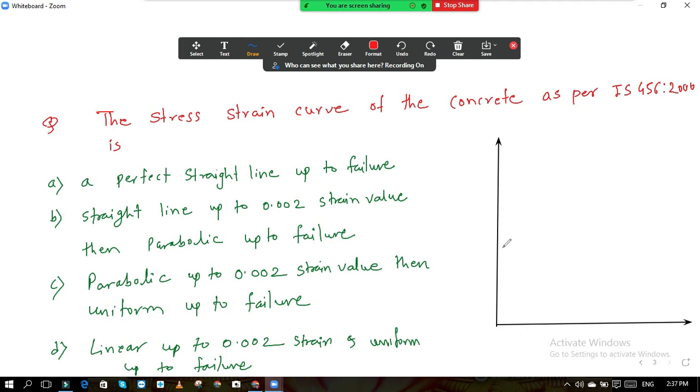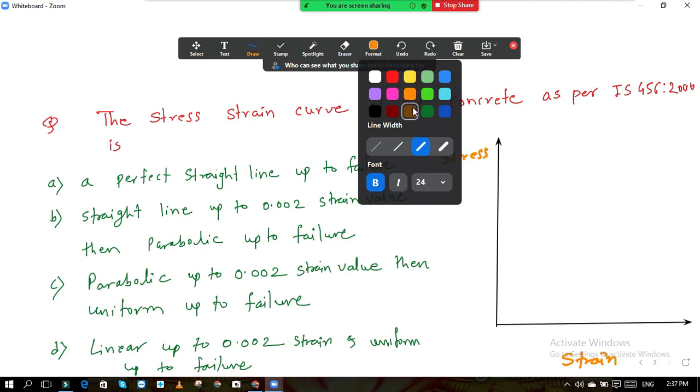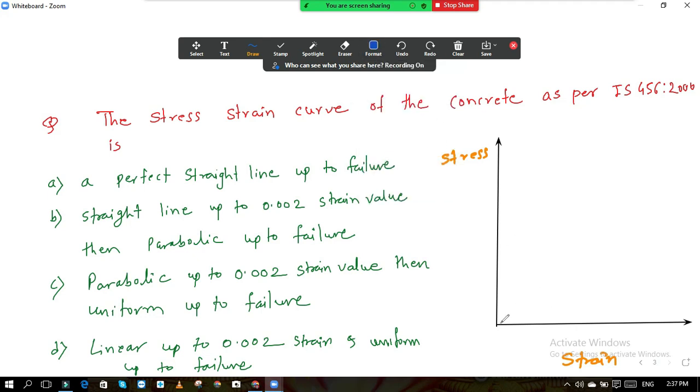Now where is stress, where is strain, that I will write first. So here on the y-axis stress is there, on the x-axis strain will be there. So your graph will be parabolic. So this is the parabolic, and from here it is a straight line.